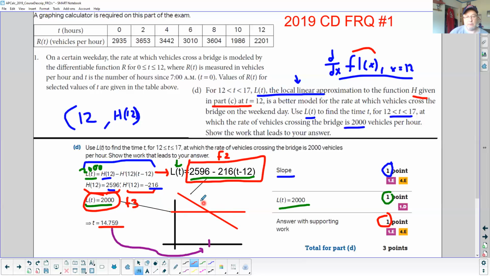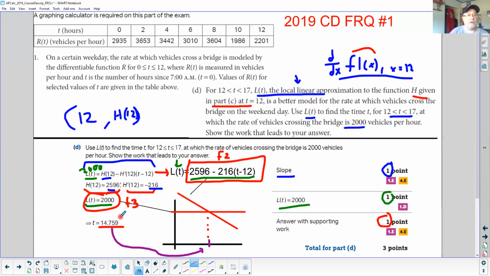Here's ultimately what it looks like. So this is a line with a downward slope going downward like that. And then y equals 2000 is a horizontal line, so you're trying to find that intersection. That intersection happens at this point, 14.759. So I calculated intersection using my calculator.